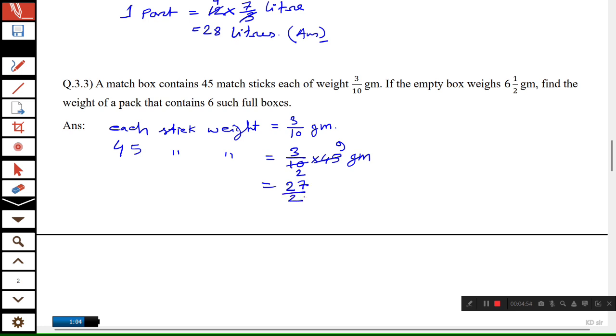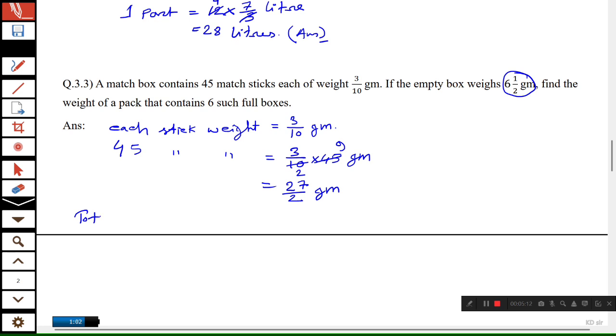So 27 by 2 gram. This is the weight of the 45 sticks. And also there is the weight of the box. The empty box weight is 6 whole 1 by 2 gram.